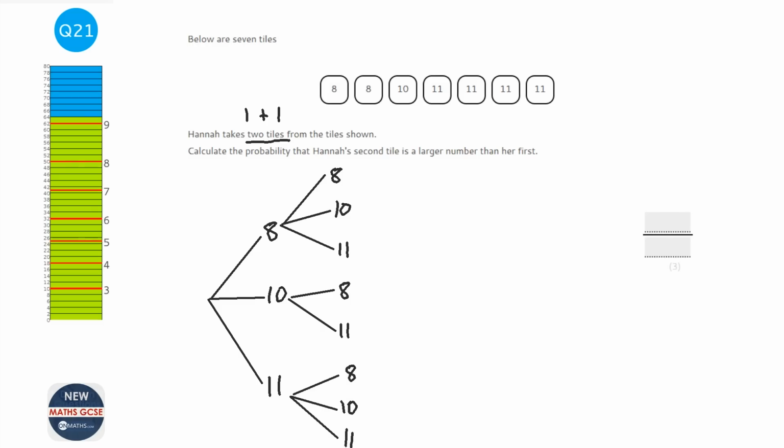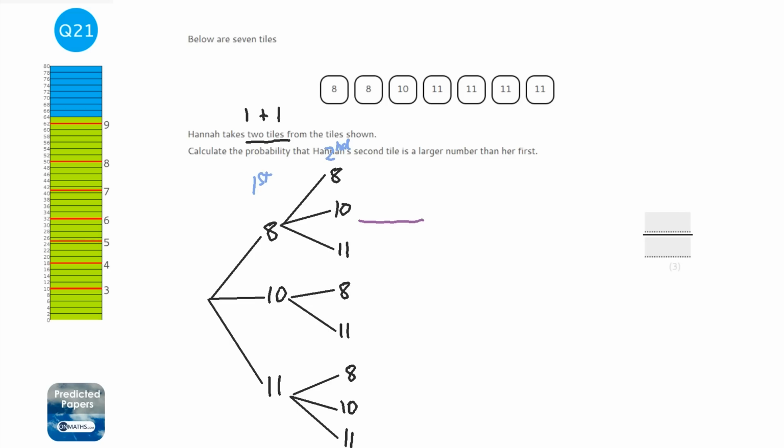Okay, now the most important thing we realise is let's work out which outcomes will end up with the second tile larger. Okay, and we should probably label this. This is the first tile, and this is the second tile. So which outcomes end up with her having a larger second tile?